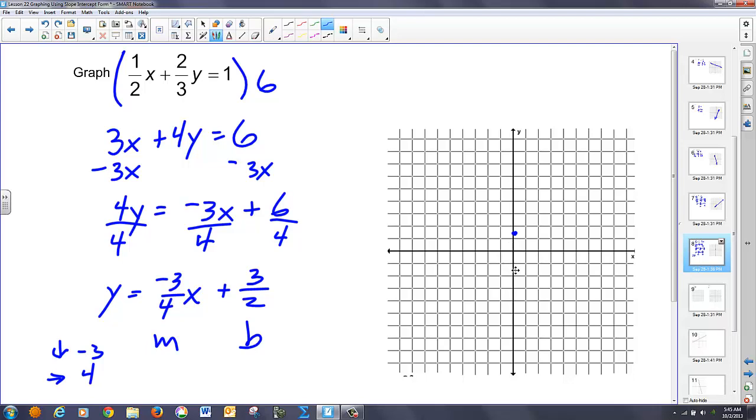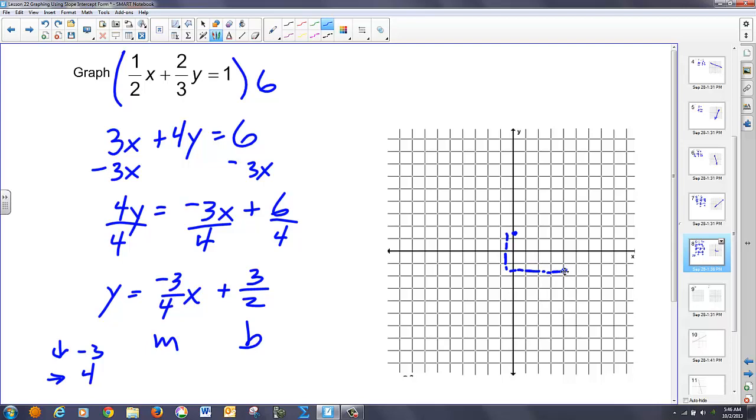So you'll notice that this distance ends in a half spot, and then when I go 4 over, I'm going kind of in the middle of these cross sections and putting my dot there.